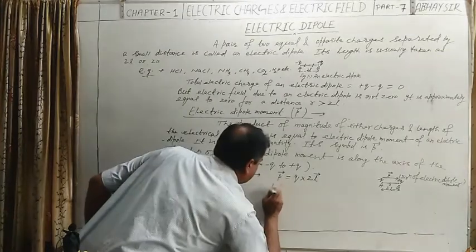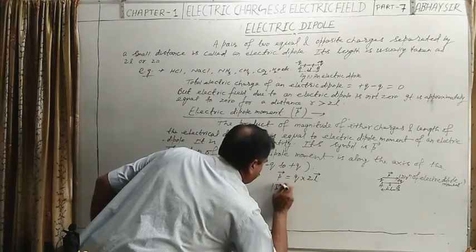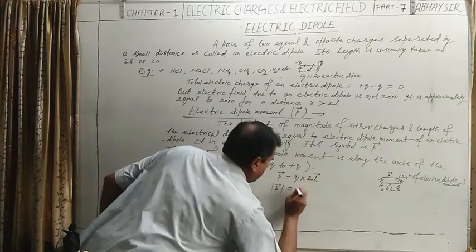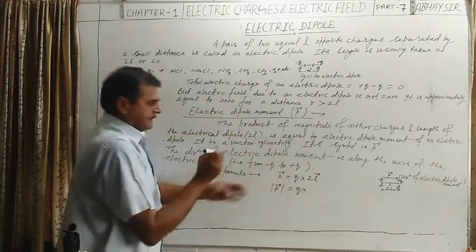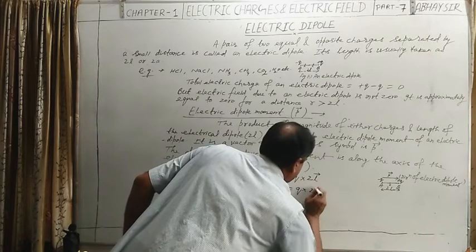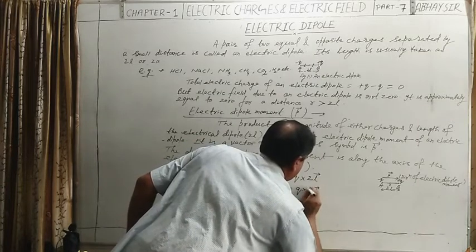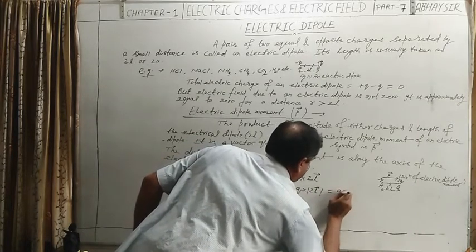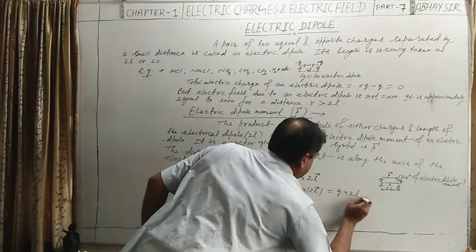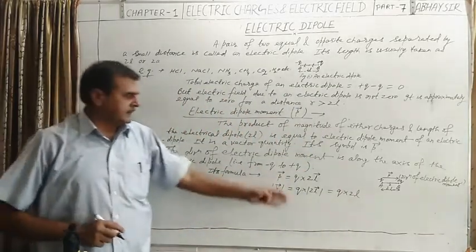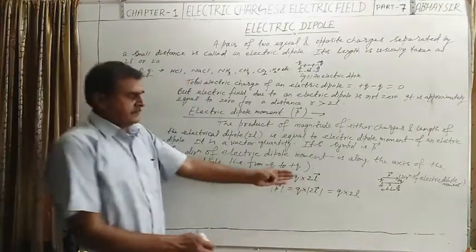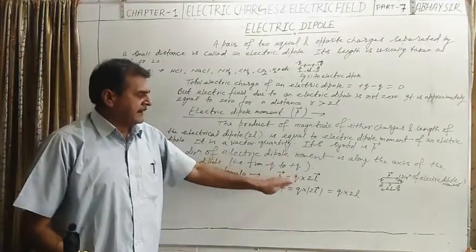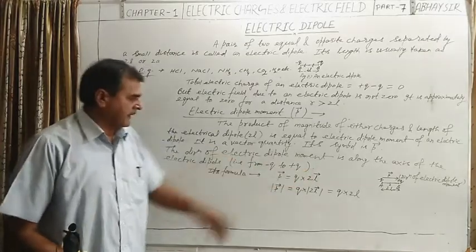And the mod of P vector is equal to q times the mod of 2L. Charge is a scalar, and length is a scalar, so it is q into 2L. This is the formula of electric dipole moment: the magnitude of either charge multiplied by the dipole length.